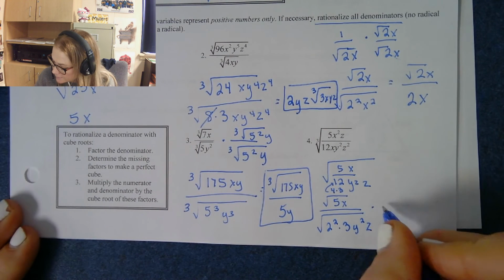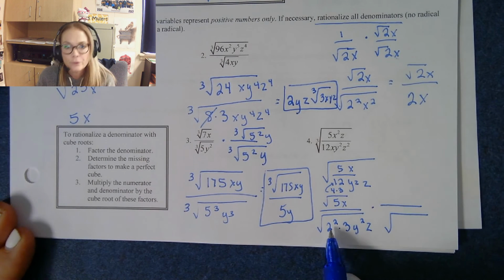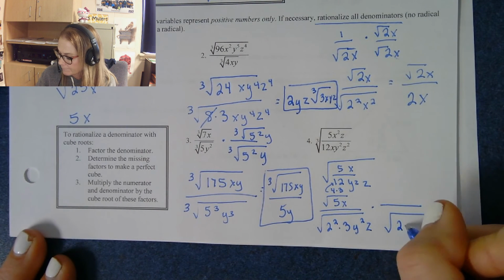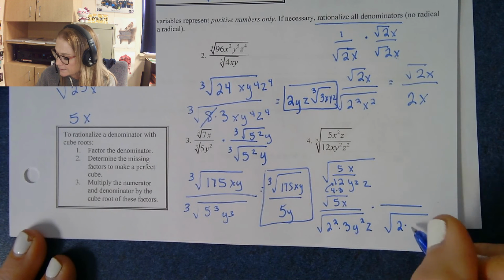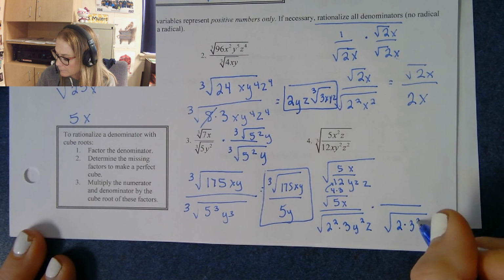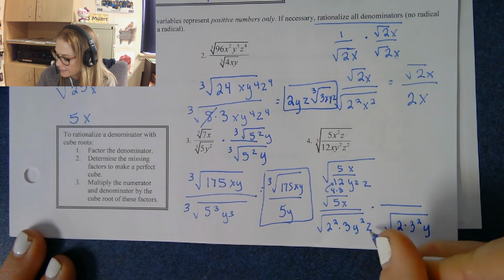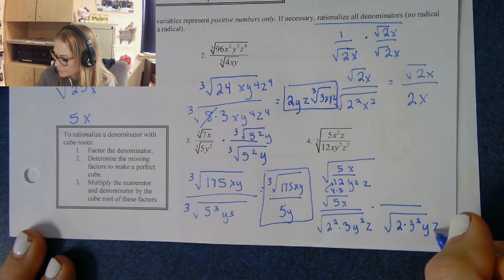All right, so what do I need? I need 3 2's. I only have 2 2's, so I'm going to add another 2. I need 3 3's. I only have 1 3, so I'm going to do 3 squared. I need 3 y's. I have 2, so I need 1. I need 3 z's. I only have 1, so I'm going to do 2.